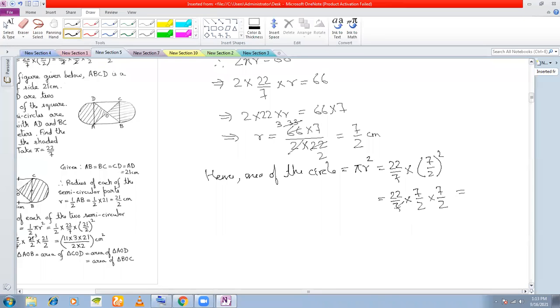Okay. 77 by 2 centimeter square. And this you can convert to decimals, 38.5 centimeter square. That is the required area. Okay.